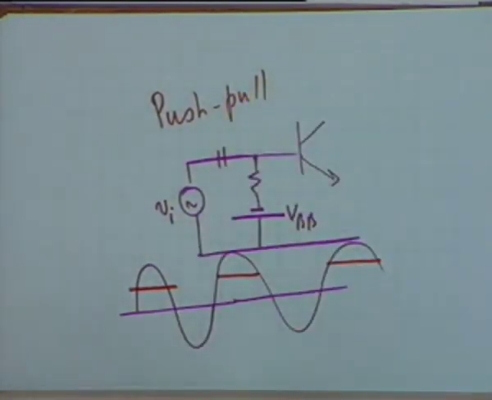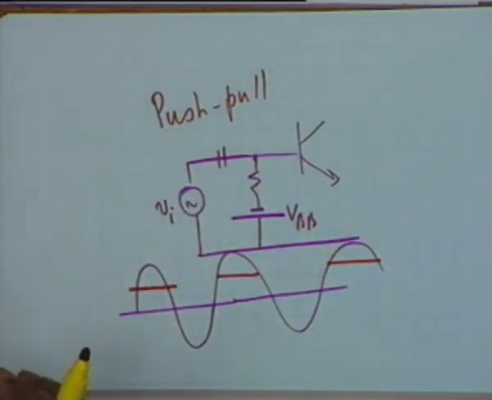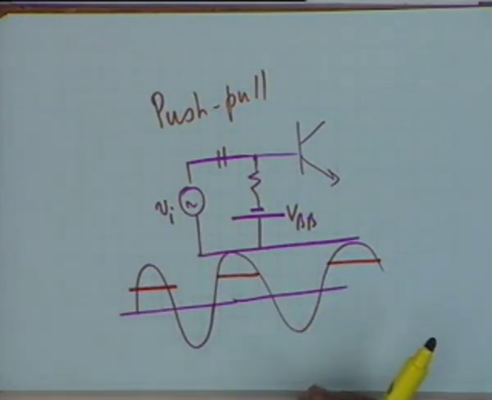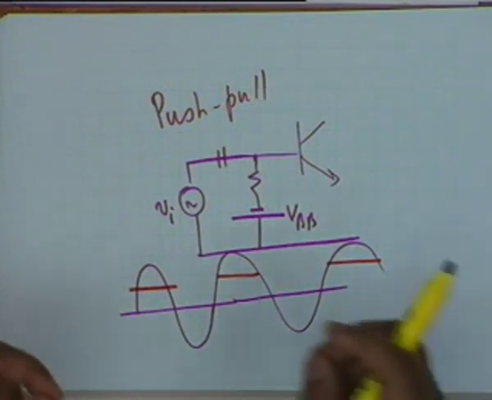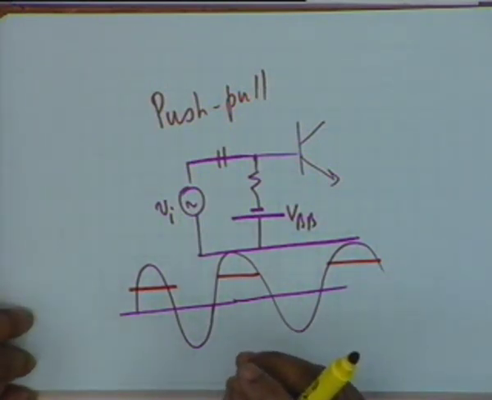The basic idea is that one of the transistors conducts during the positive half cycle, the second one conducts during the negative half cycle and the outputs are so combined that there is no distortion. Alright. This is the advantage of class B.